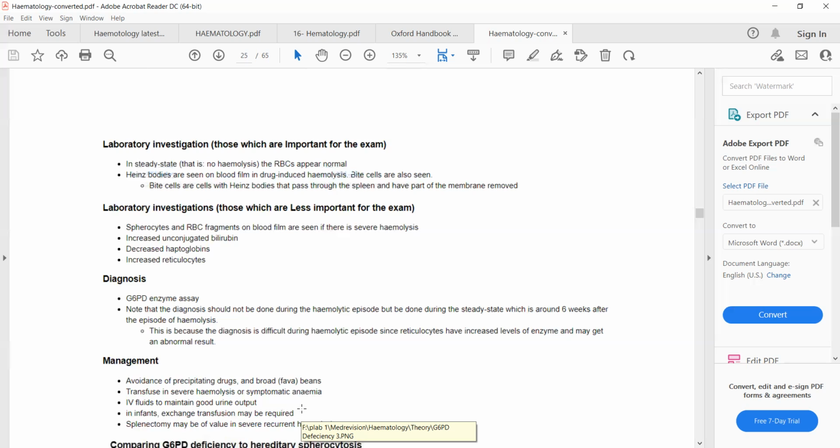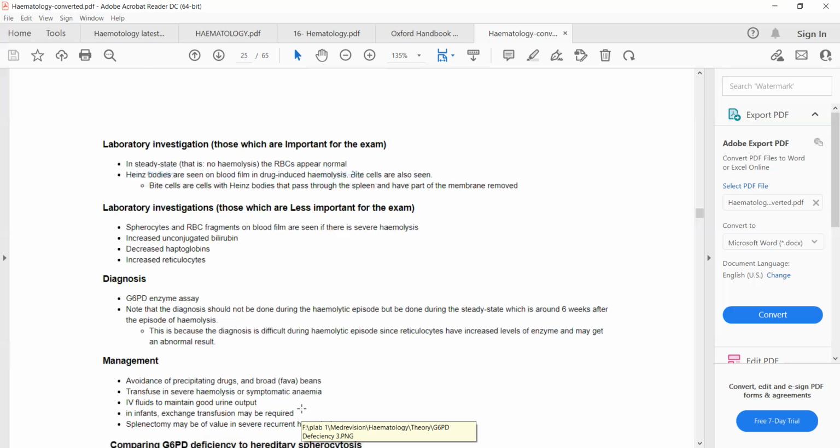Then haptoglobin forms a soluble complex with the hemoglobin, and then it is removed from the body. So because of increased release of hemoglobin from RBCs and increased utilization of haptoglobin, haptoglobin levels will also decrease. Okay. Thank you.